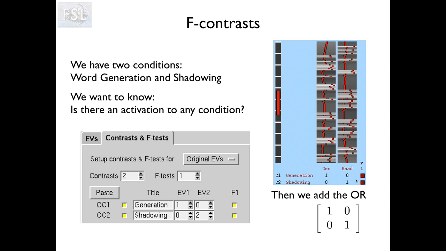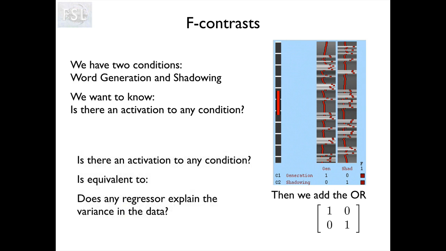By ticking these, we add the OR: which part is interested in word generation and or shadowing, because it's actually an and or in this case. And asking that question is equivalent to asking the question, does any regressor explain the variance in the data? So let's have a look at how this is actually done.